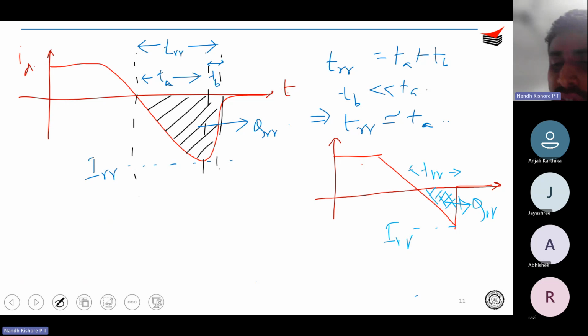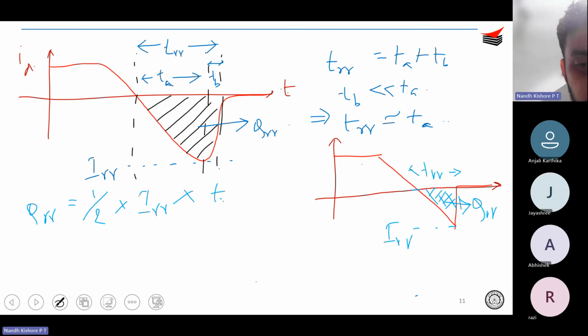So what is QRR? QRR is basically half into base into height, so half into IRR into TRR. This is your QRR.